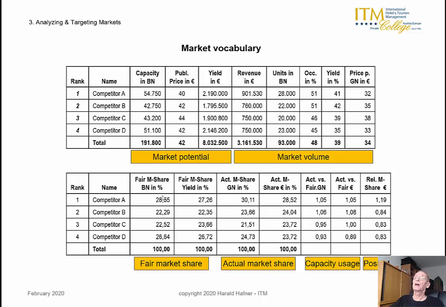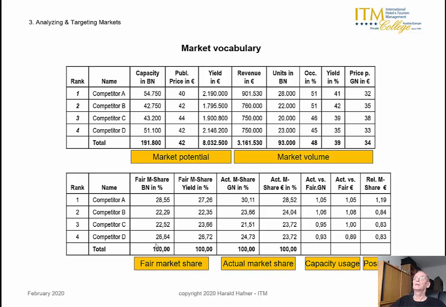The fair market share is the market share that is achieved based on the capacity provided by each competitor. So all we do is we divide, for example, 54,750 by 191,800, and we arrive at 28.55, 22.29, etc.